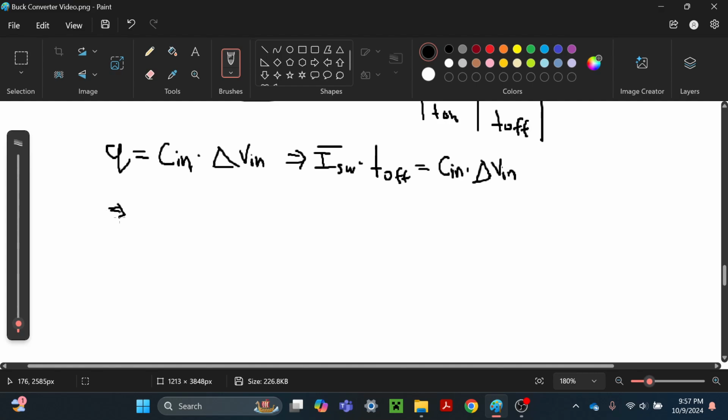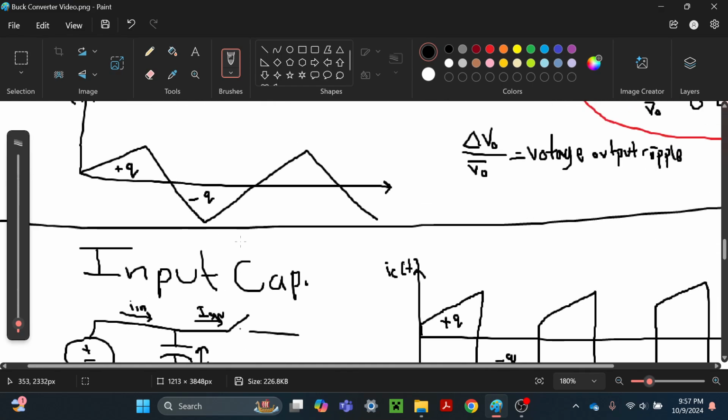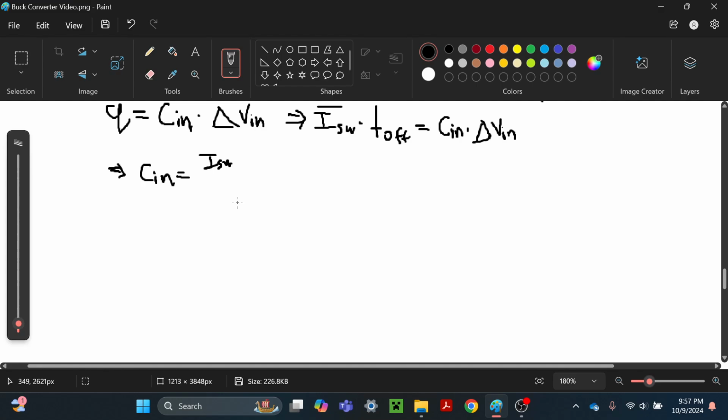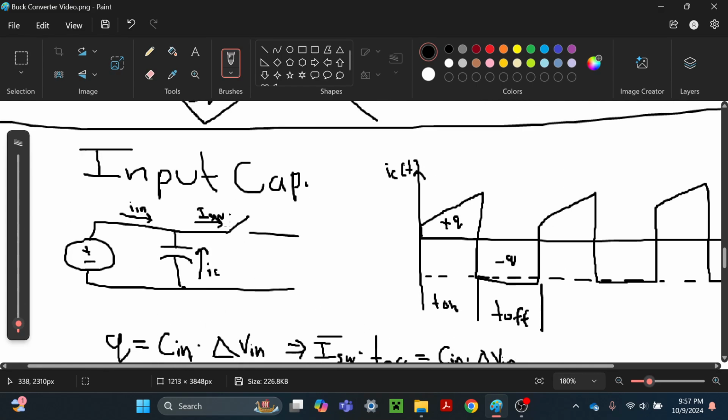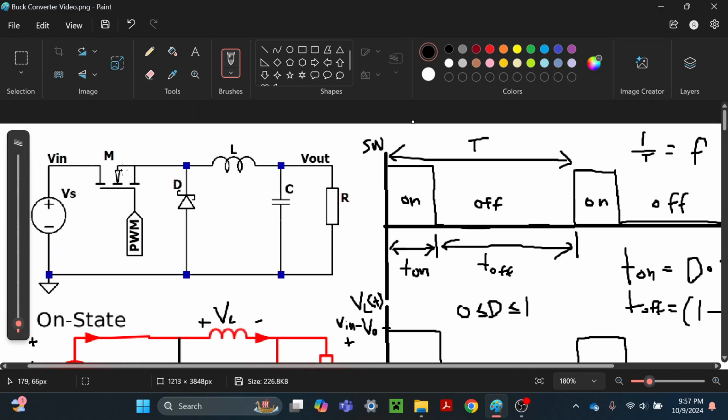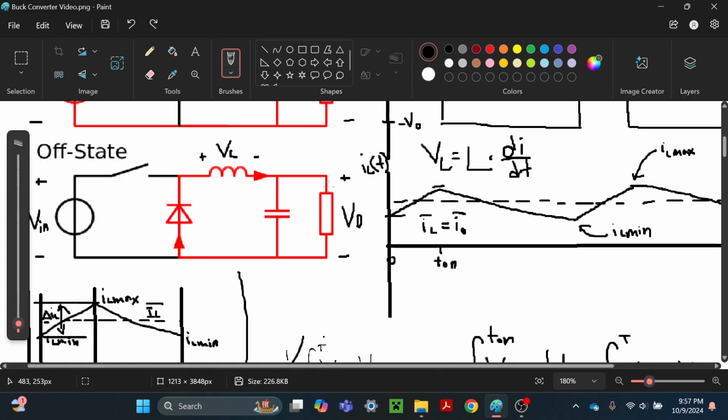So then we get C in is equal to I switch, and this is for the maximum current that we're passing to the output. So I switch is going to be equal to the maximum output current, because remember this switch is going to be passing current through this inductor, and this inductor is going to be the same as the output.